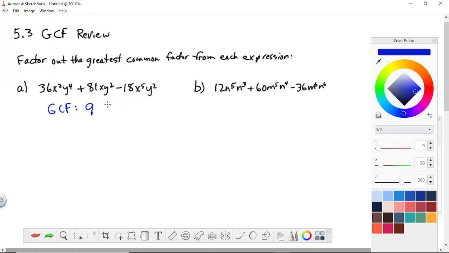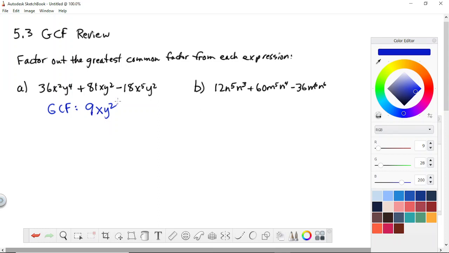As far as the x variable goes, we have x to the first power, because when we look at all the terms, that was the smallest power of x that we found. Okay, so now we just have to look at y. We have y to the fourth, we have y squared, we have y squared. Y squared is the smallest. So that's what is factored out as part of our greatest common factor.